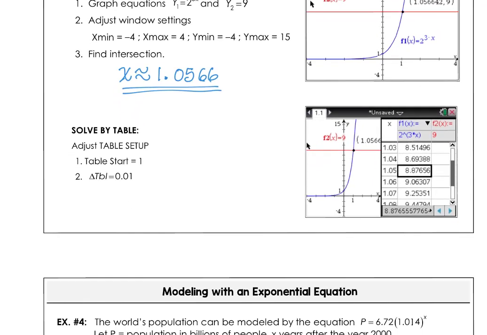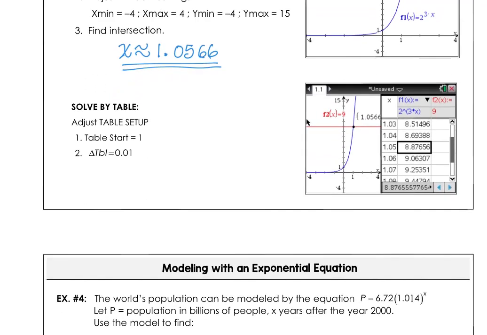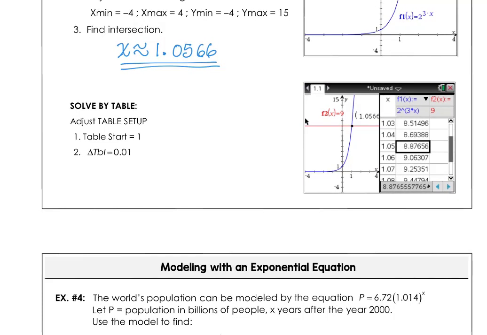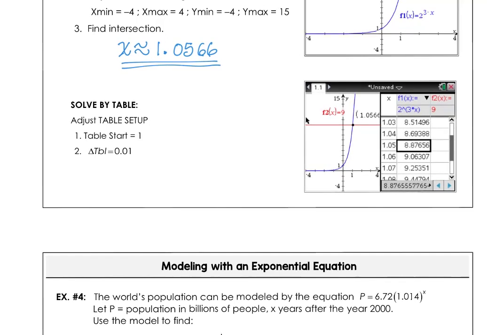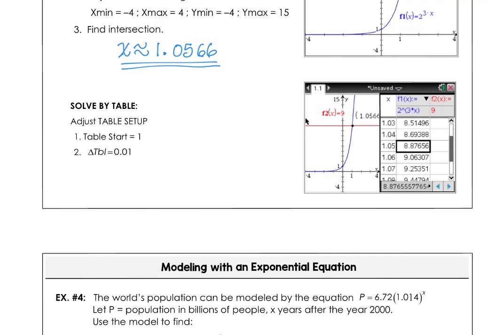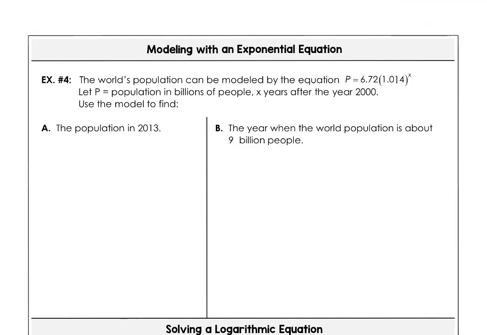Similarly, I used the table setup and adjusted that setup to start at x equals 1, and I did delta table at 0.01, so 1/100th, and found on my table at 1.05, the graph was very close to 9. At 1.06, it was a little past 9, so somewhere between 1.05 and 1.06, the graph intersects.